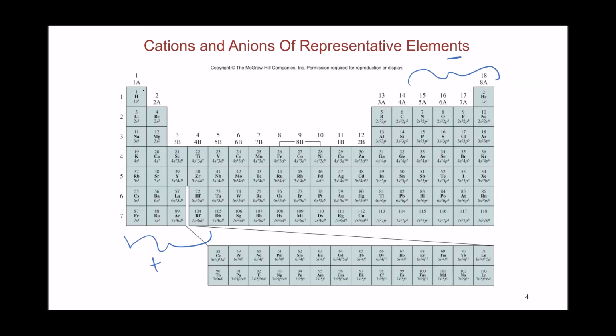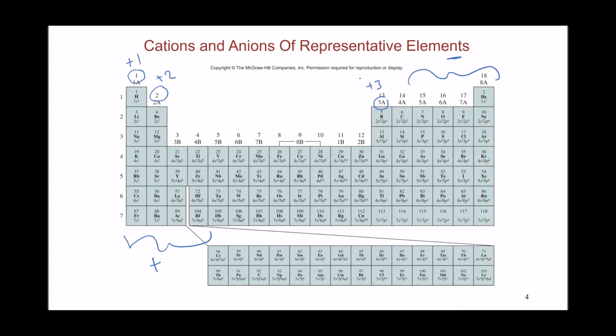For metals, it will lose, and it will lose the number of valence electrons available. 1 for group 1, which will make it +1, or 2, which will make it +2 for group 2, or 3, which will make it +3 for group 3.